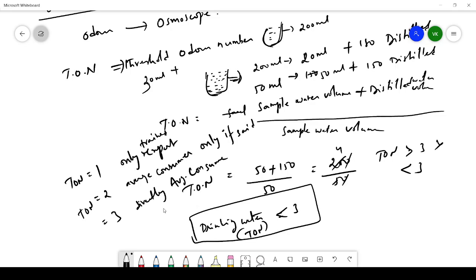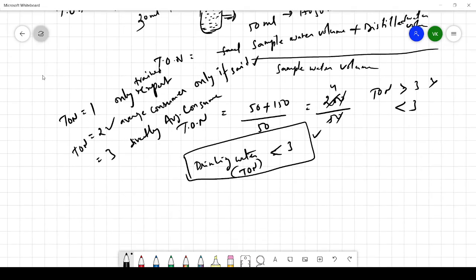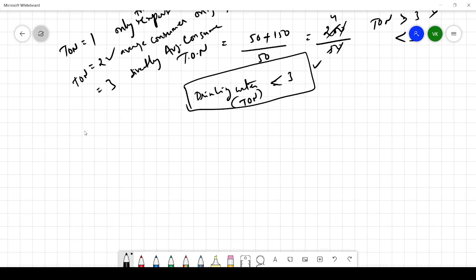If it is equal to 2, then there is no problem, because the consumer cannot identify it on his own. Only if you say that it has some smell can he identify it. So that's why the TON should always be less than 3 for supplying water.